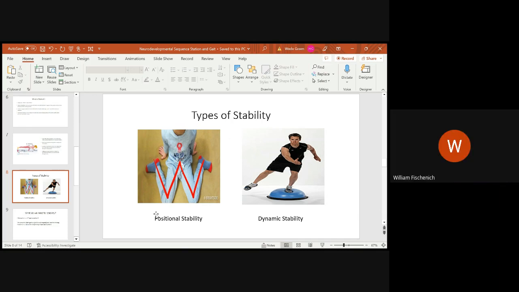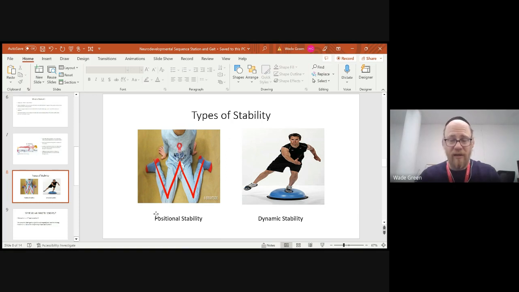Dynamic? Yeah, dynamic stability is going to be a lot more necessary for athletic activity. Very good.